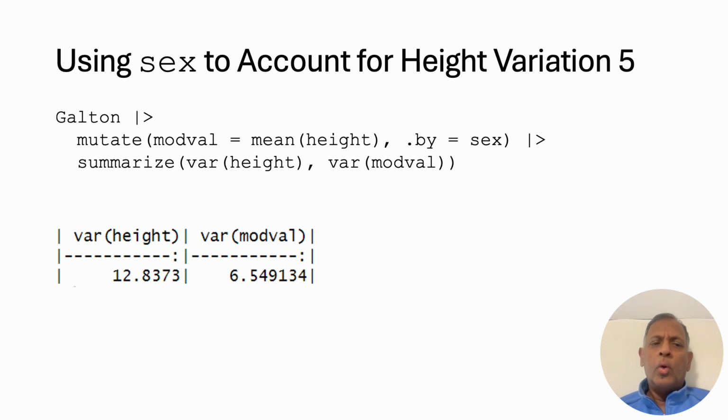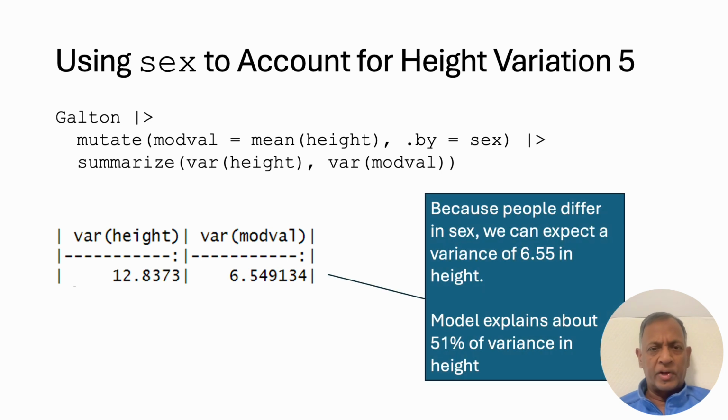So we are saying, given that there is variance in the model value, somewhat close to about half of the variance in height is accounted for by the variance in the model value. Because people differ in sex, we can expect a variance of about 6.55 in the height. However, the variance in the height is even more than that.